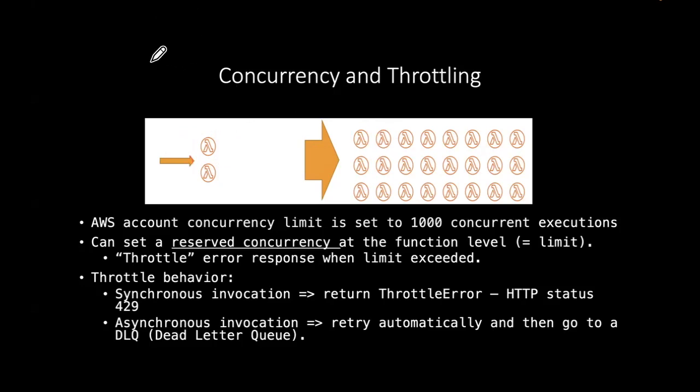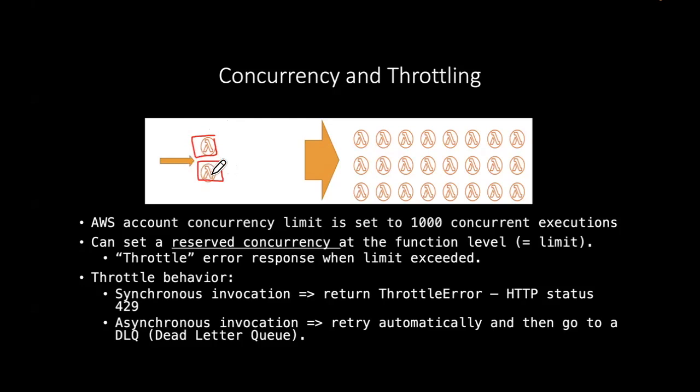So I've got two concurrent instances of the event. The Lambda service will actually create two micro VMs and get each of the micro VMs to run the Lambda function, and it will pass one event to one of the micro VMs and the other event to the other micro VM.